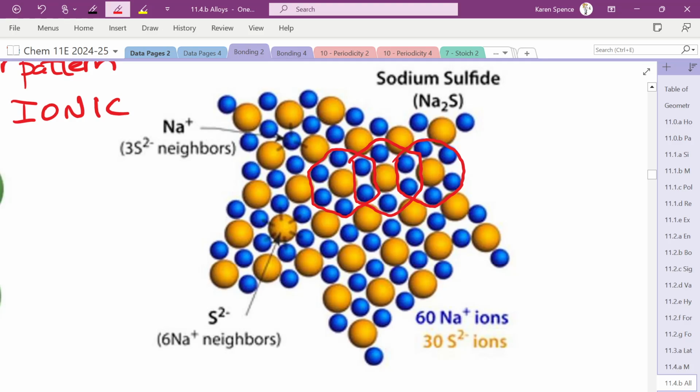But I don't think they're going to give you that. And if they did, I think they'd be kind to you and they'd be like 2 plus, or sorry, 2 minus. Plus, plus, 2 minus, plus, plus. And you'd be like, oh, that's an ionic compound, not an alloy. But like I said, I don't think they're going to give you anything that complicated.